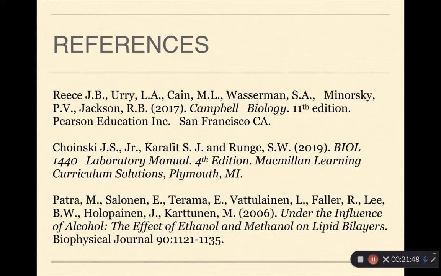When you write your report, you must have at least 3 references that you cite in the literature cited section, and one of those must be a primary journal article. Okay? You must have at least one primary article. Don't forget that. You have to go to the library to find those.